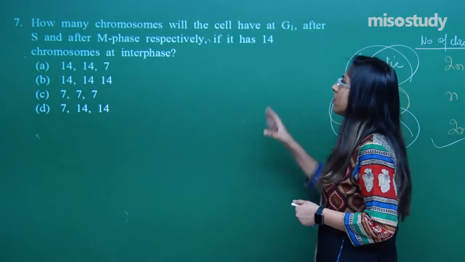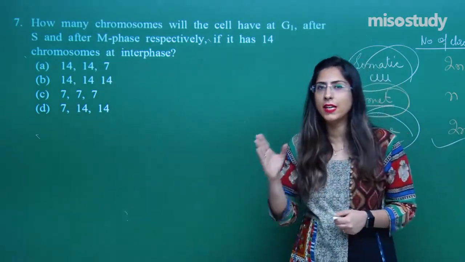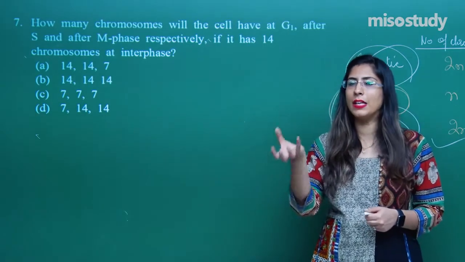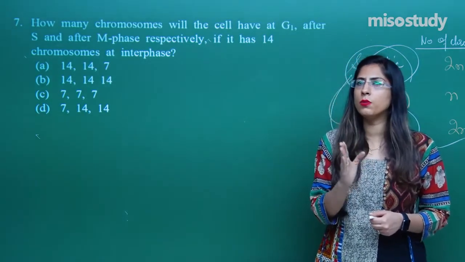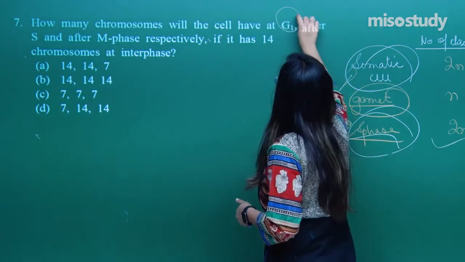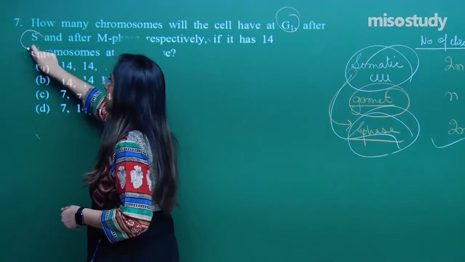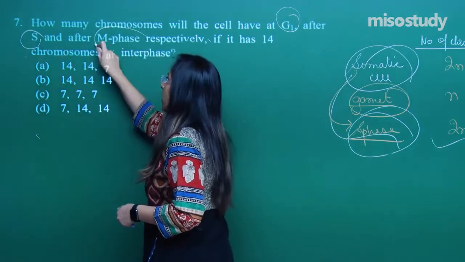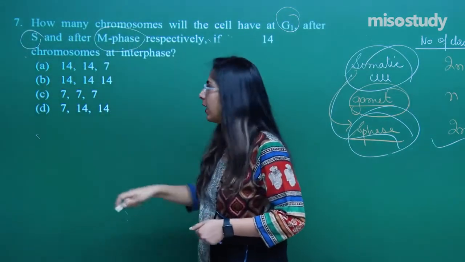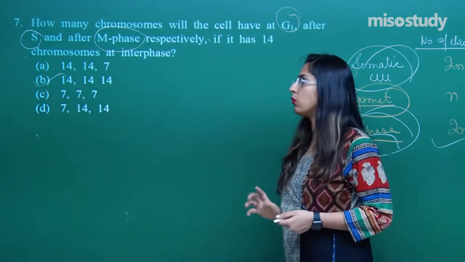In mitosis, the number of chromosomes remains the same. The number of DNA increases, protein synthesis occurs, but the number of chromosomes remains the same. If they have 14 at G1, they will have the same 14 at the S phase, the same 14 at the M phase. So the correct option is option B for the 7th question.